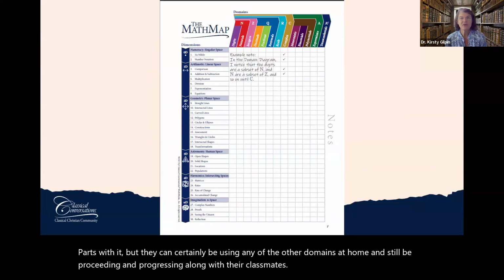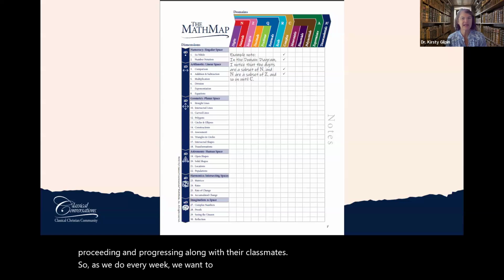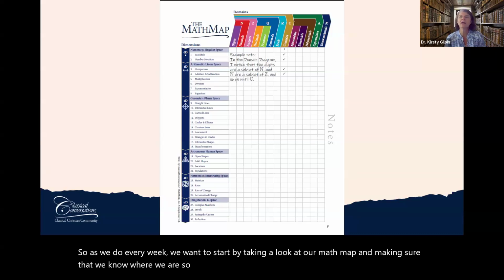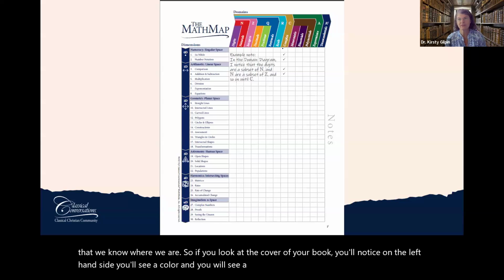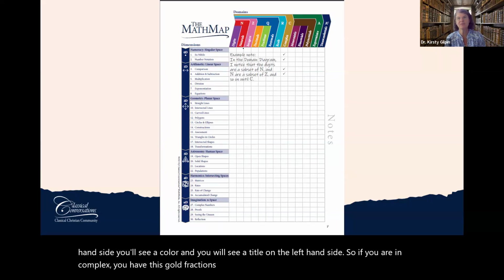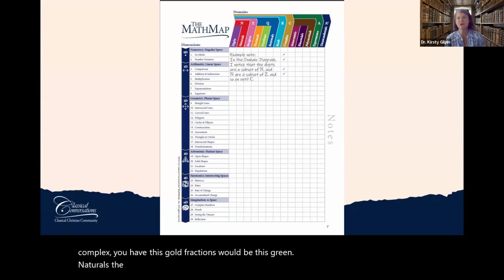So as we do every week, we want to start by taking a look at our math map and making sure that we know where we are. If you look at the cover of your book, you'll notice on the left-hand side, you'll see a color, and you will see a title. If you are in complex, you have this gold, fractions would be this green, naturals the red, and digits the purple.